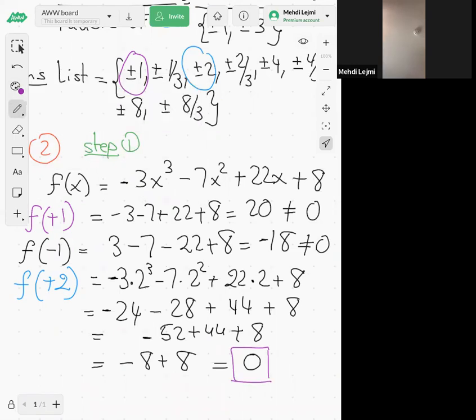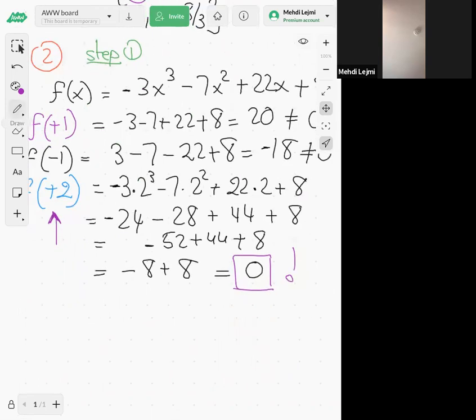I'm going to stop here because x equal to 2 is a solution, right? So x equal to 2 is a solution of f of x equal to 0. I think negative 1/3 is going to be a solution, not positive 1/3.